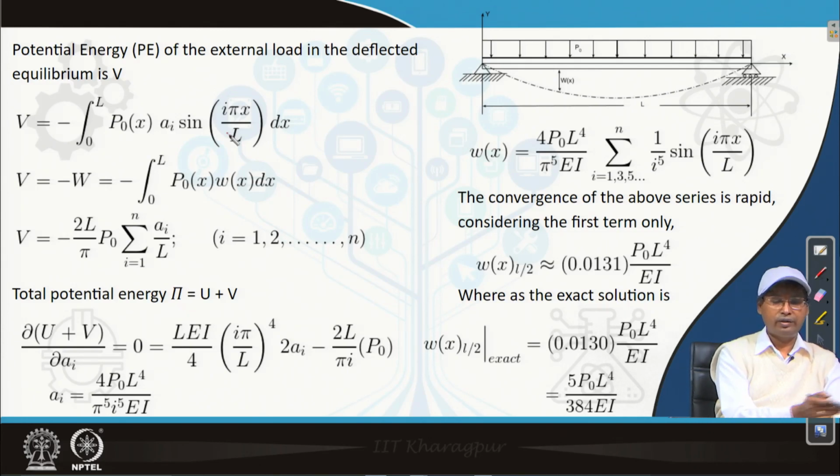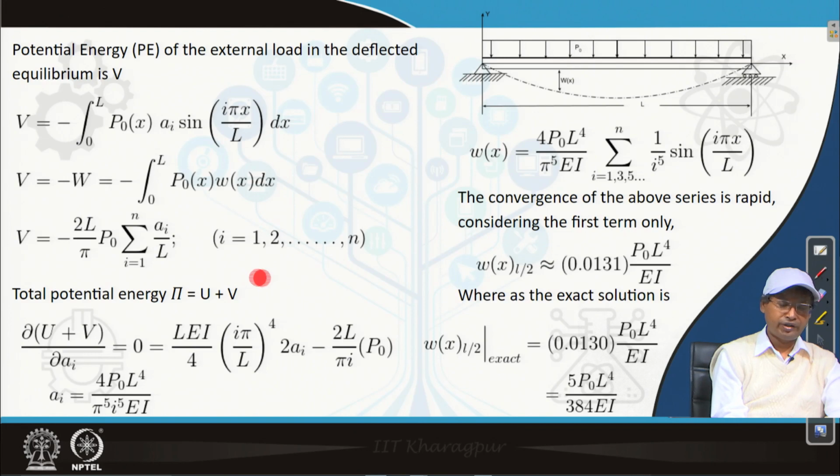It is integrated that way, written twice just to avoid confusion, and then the integration is carried out, which gives us that V is equal to minus 12 by pi p 0 A i by L, summed up over i equals 1 to n.